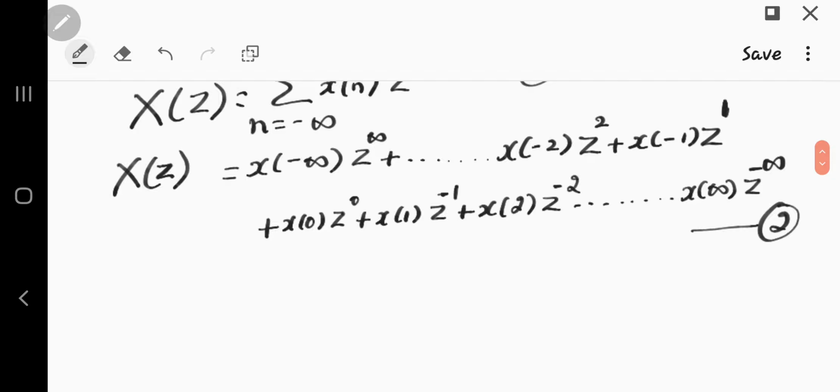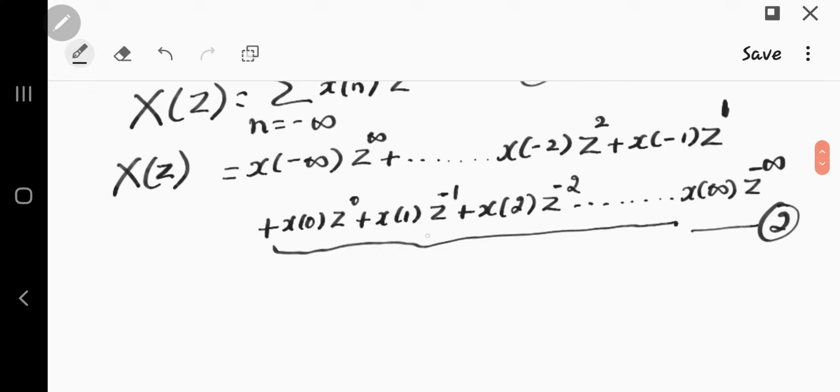It is a process because it is varying from minus infinity to plus infinity depending on the ROC of the Z transform. So you have to identify whether it is a positive time sequence or a negative time sequence. If it is a positive time sequence, you have to consider this part.